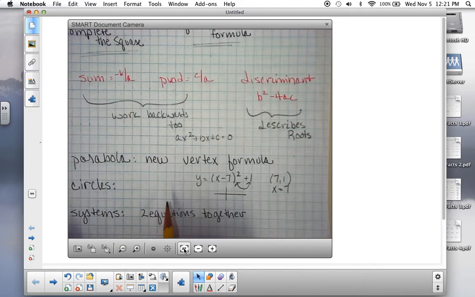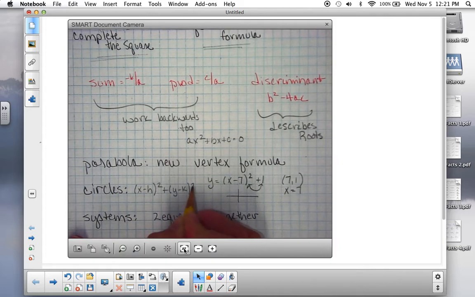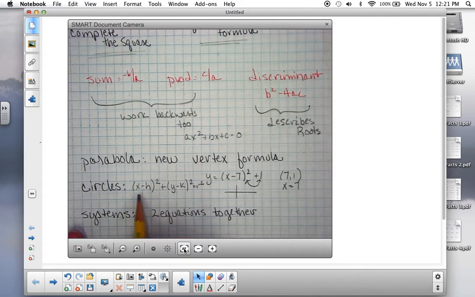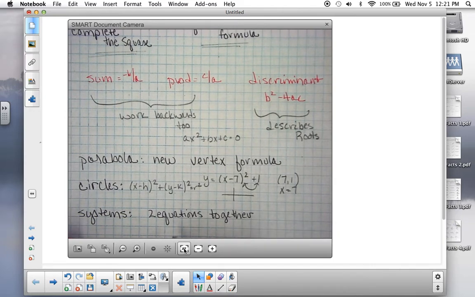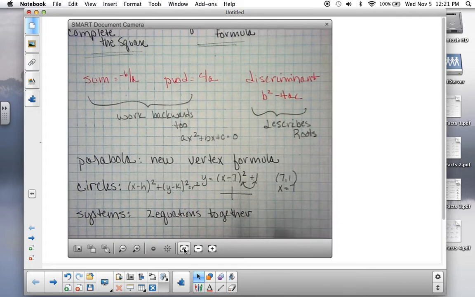And then the equation of a circle was x minus h squared plus y minus k squared equals r squared. You have to know how to put the center in and also find the radius when you're given a point that the circle passes through. And then the last thing, systems of equations, two equations solved simultaneously.